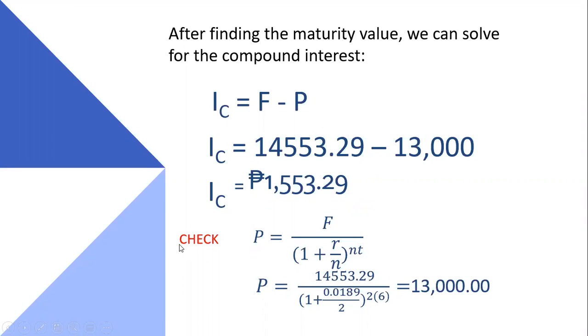To check, you can use another option if you don't want to use the j and the n, but to avoid confusion, let's just stick to what I have discussed. This is the j and this is the n.